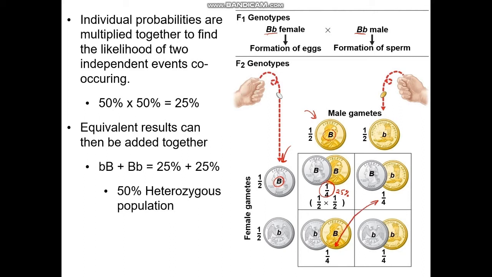So there's actually a 50% possibility of heterozygous. Right? So approximately half of the offspring from any 2 parents like this are going to have the heterozygous genotype. And there's 25% odds as well that they're going to get 2 recessive alleles.